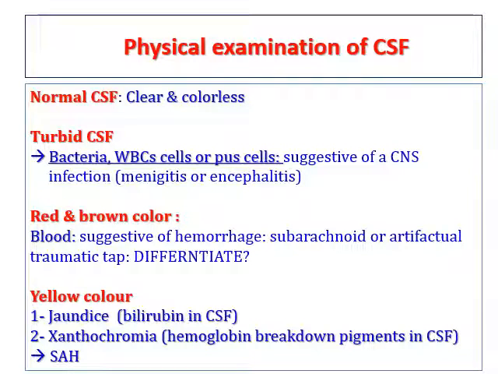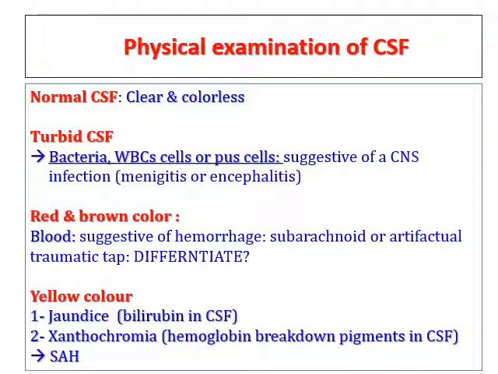If the color is yellow, it may be jaundice due to the content of bilirubin, or xanthochromia due to prolonged presence of blood inside the CSF, and the hemoglobin is broken down into pigments, which is the xanthochromia.